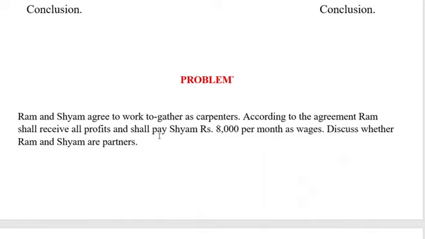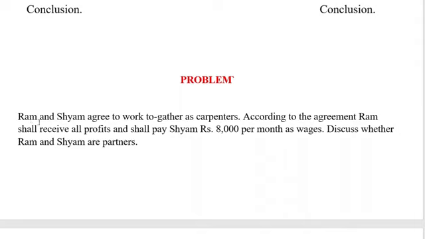So collectively we have to discuss all these sections in order to determine who all the partners are, and to determine the existence of the partnership. Here in this problem we have to analyze this problem with the help of the provisions of the Partnership Act, that is Sections 4, 5 and 6.